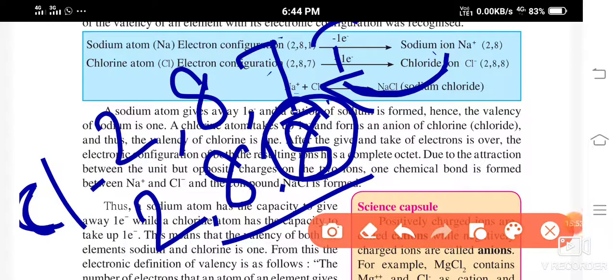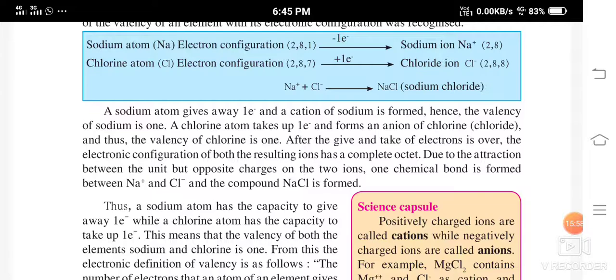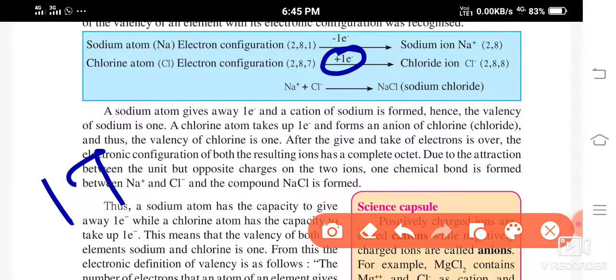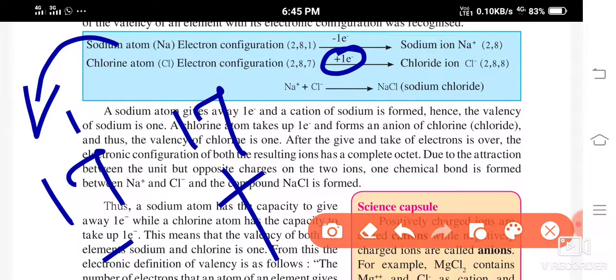8 electrons are there in the outermost shell, right? Now it has gained 1 electron. So there were 17 negative charges and 17 positive charges, but it has gained 1 electron, so 17 plus 1, it became 18 electrons, right?